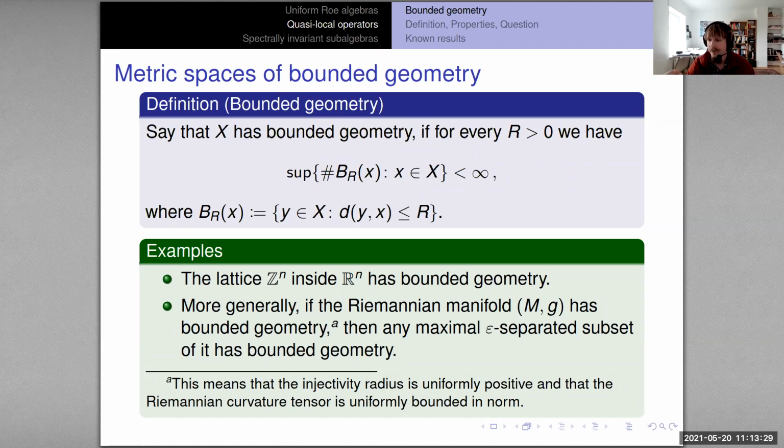Or if you're working with the Roe algebras themselves, then they're even isomorphic to each other. So that's an advantage of working with the Roe algebras, that any choice of maximal epsilon-separated subset will give you isomorphic Roe algebras in the end. So therefore, to a certain extent, it's an invariant of the manifold and not of the subset that you choose for this discretization.